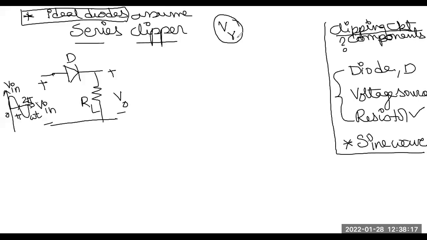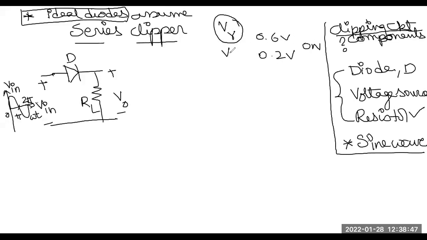Your ideal diode doesn't need the concept of V gamma to enter into the conducting state when voltage is given, whereas a practical diode doesn't enter into the conducting state till V gamma, right? Only when I have 0.6 volts for silicon or 0.2 volts for germanium do we have the diode entering into the on state.